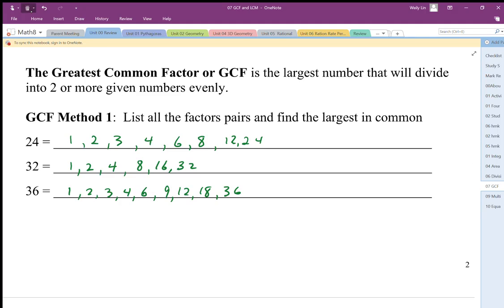The biggest one that shows up in all three lines is going to be 4, 4, and 4. So what I can conclude is the biggest factor that's common to all three numbers is 4. So the greatest common factor of 24, 32, and 36 is going to end up being the factor 4.